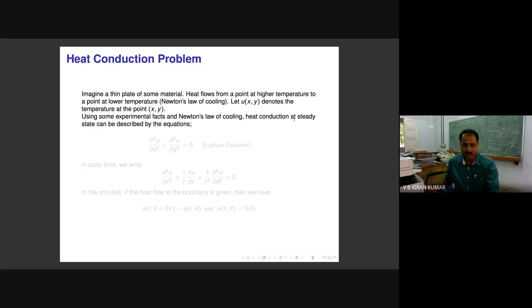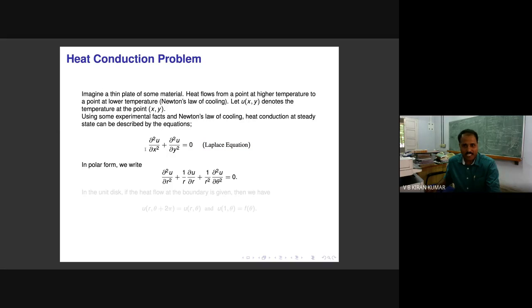Steady state is important. That means I just neglect the dependence on time. I assume that it is independent of time. So then we will see that it is governed by the following equation. You'll obtain that u satisfies this partial differential equation: ∂²u/∂x² plus ∂²u/∂y² equals 0. This is the well-known Laplace equation.